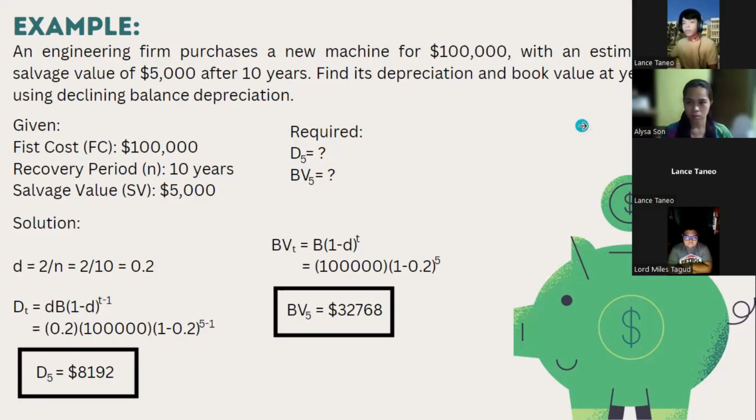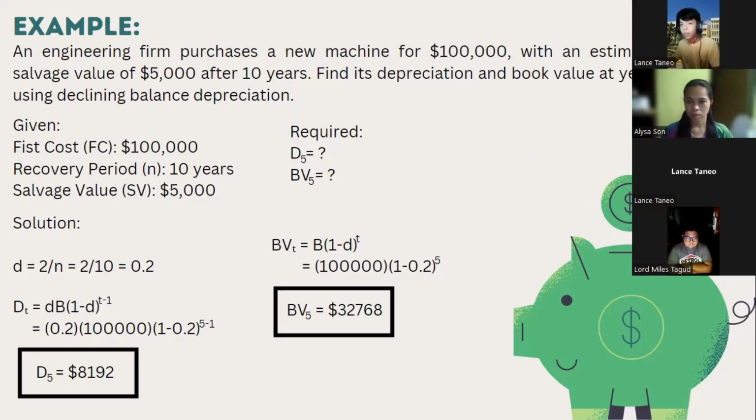So we know that the formula we will use is d equals 2 over N. So it will be 2 over 10, and it will be 0.2. In getting the depreciation, we know that the formula is dB, quantity of 1 minus d, to the power t minus 1.